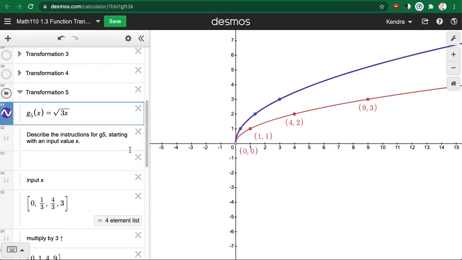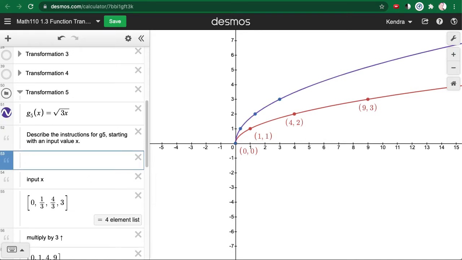And what effect does this have? It looks like it stretched the graph up, but if I look at those key points here, what it has done is it has taken the x coordinates and scaled the x coordinates by 3. Sorry, not by 3, by 1/3.